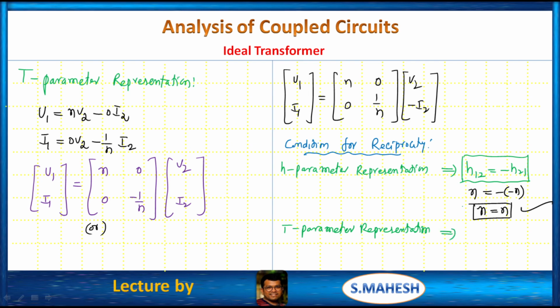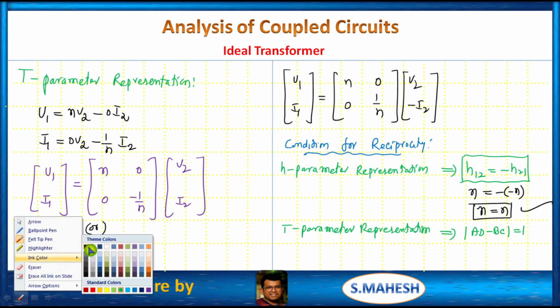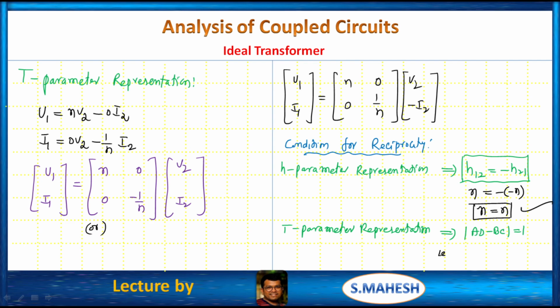What is the condition? Mod AD minus BC equals 1. AD is N into 1 by N minus 0, which equals 1, right? So 1 equals 1, satisfied.